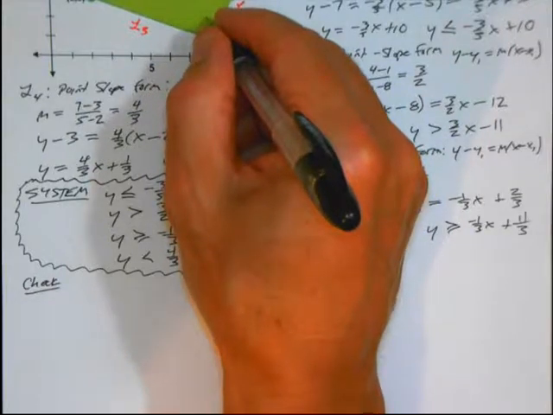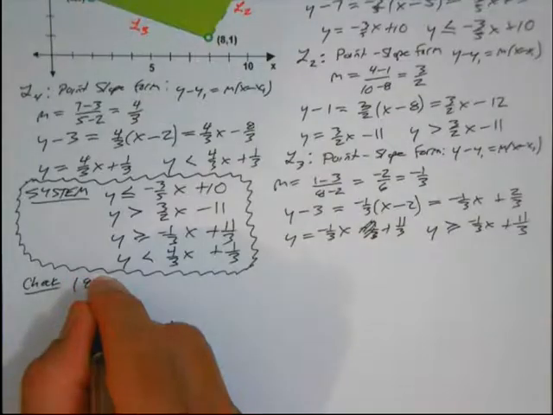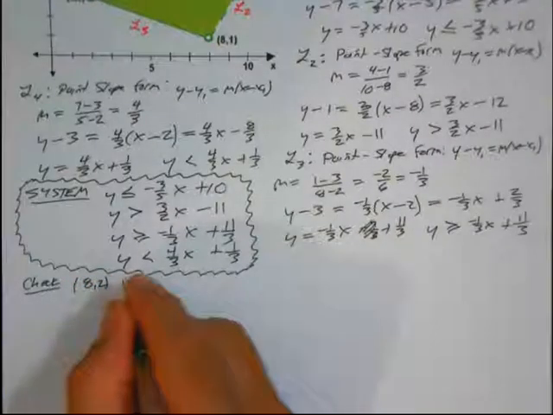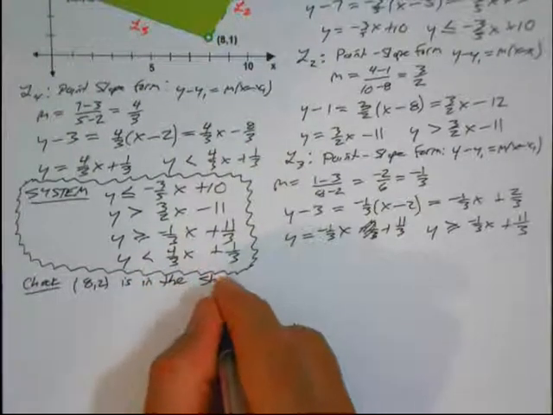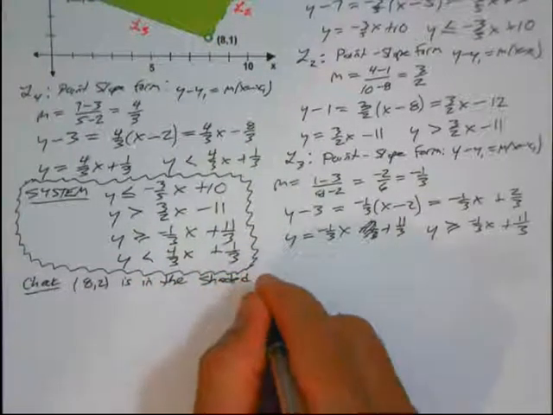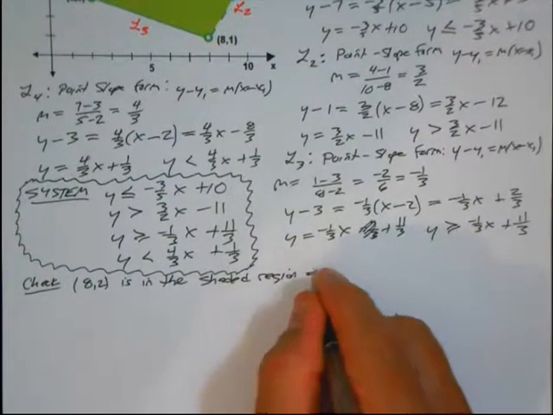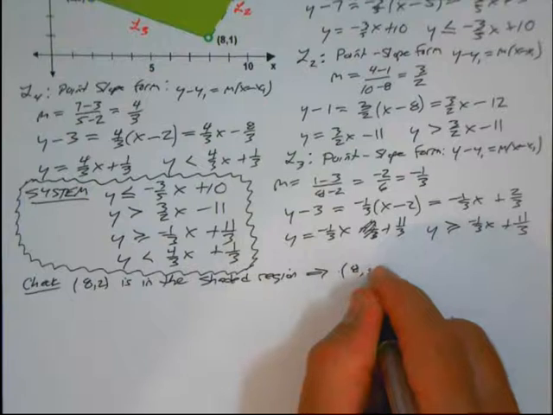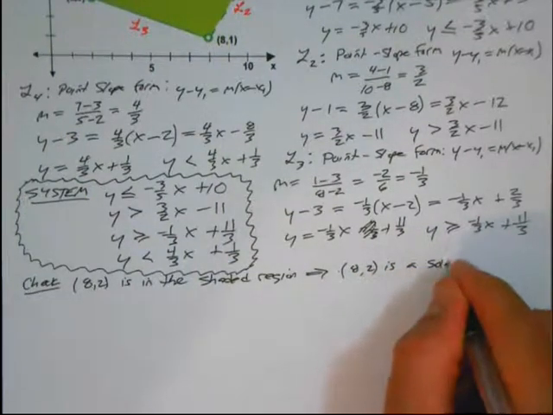That's surely in the shaded region. So (8, 2) is in the shaded region, and that tells us that (8, 2) is a solution.